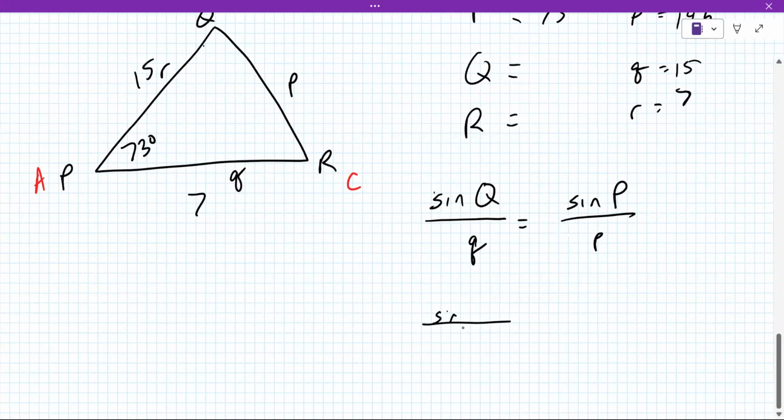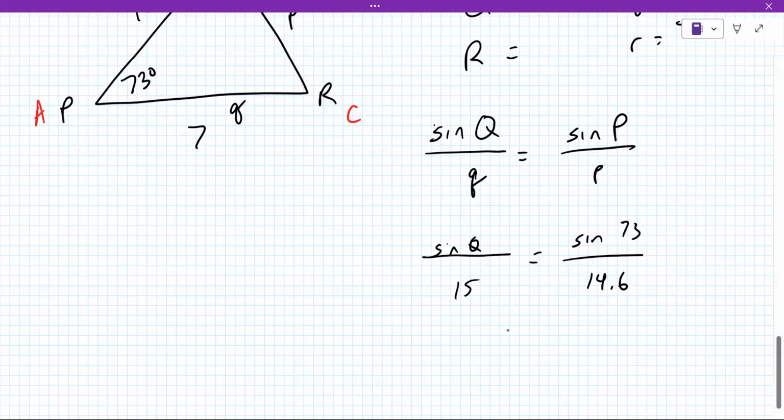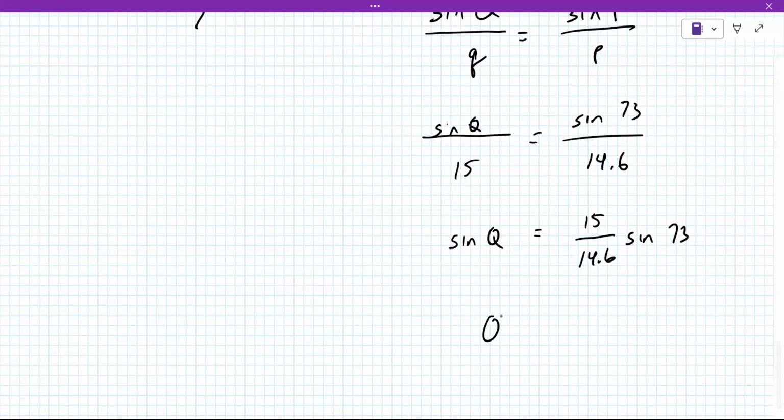So sine Q over 15, sine 73 over 14.6. And then just like the previous problem, you solve for sine Q by clearing the 15, multiplying both sides by 15. And then you take the sine inverse of that.